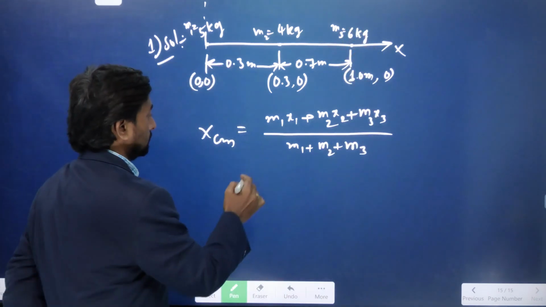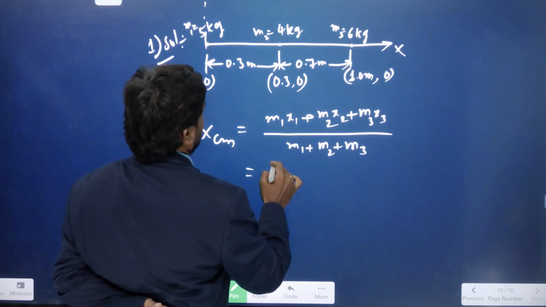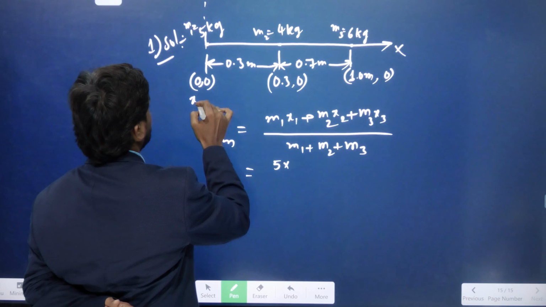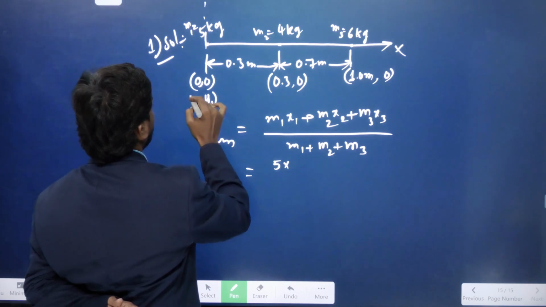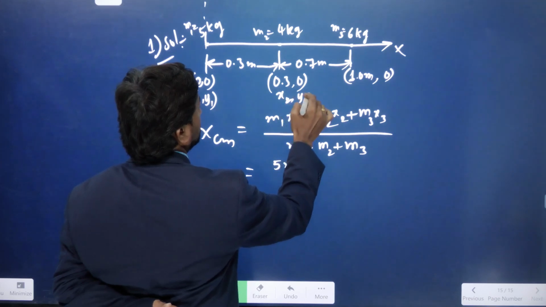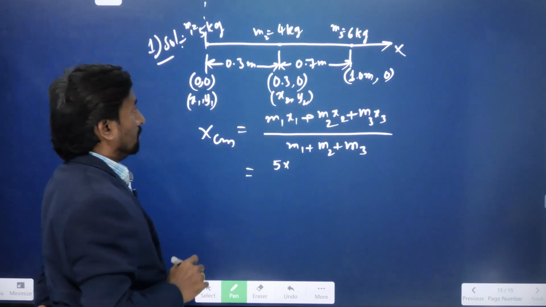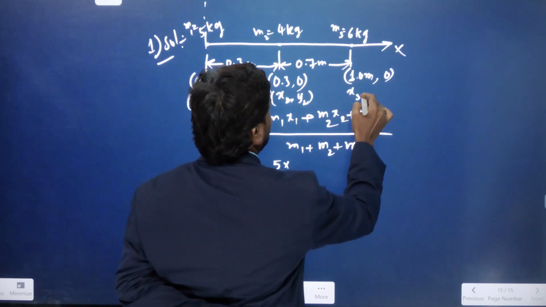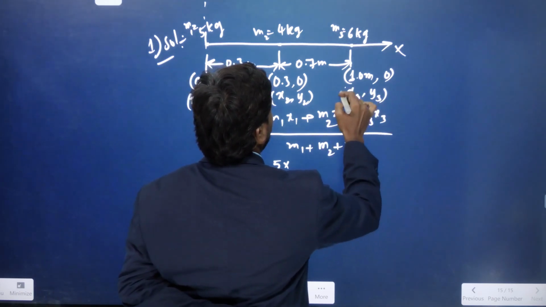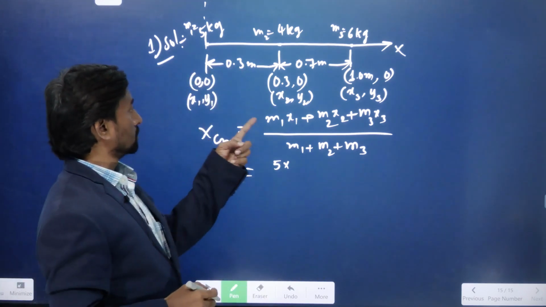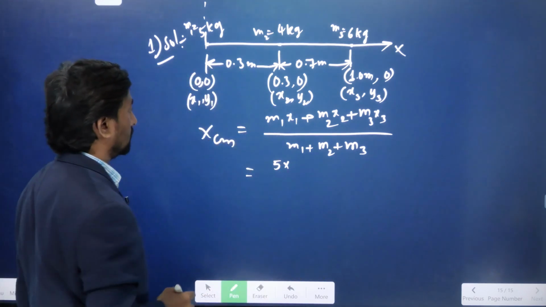Substitute here in the formula. x1, y1 is 0, 0, x2, y2 is 0.3, 0, and x3, y3 is 1.0, 0. Now we have substituted the x1, x2, x3 values here.